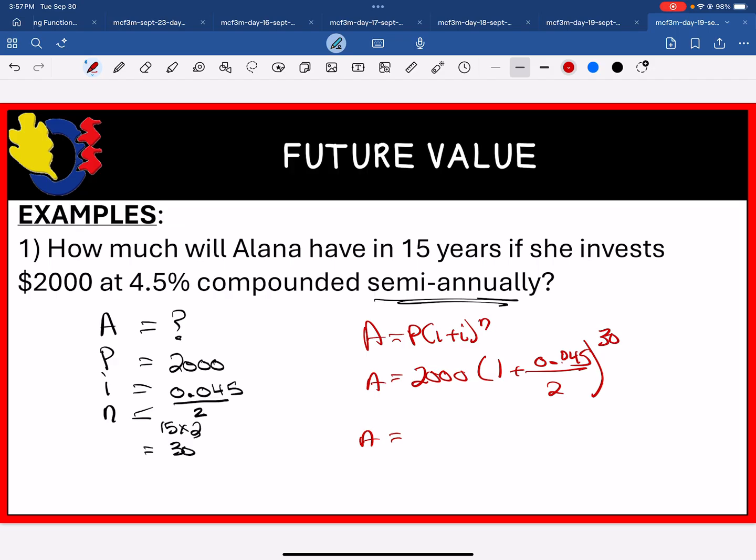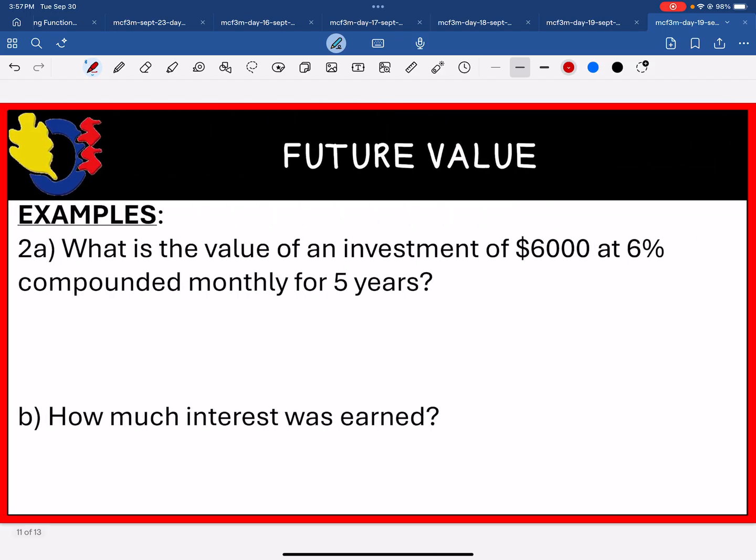So I plug in 0.045, divide by 2, get that answer, add 1, get that answer, take the exponent of 30, press equal to get that answer, and then multiply by 2,000. And you should get $3,898.79. So therefore, Alana will have $3,898.79.